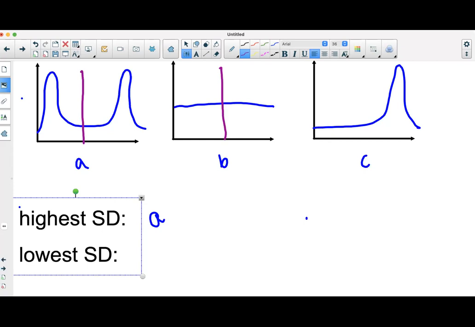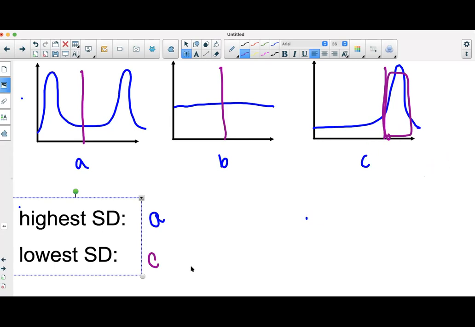In fact, the lowest standard deviation is C, not B. Why? I intentionally didn't give you any average here. Where's the average? The average would have been somewhere around here. And usually a chunk of them is close to the average. Here, a lot of them are spread apart. So in fact, C has the lowest standard deviation.